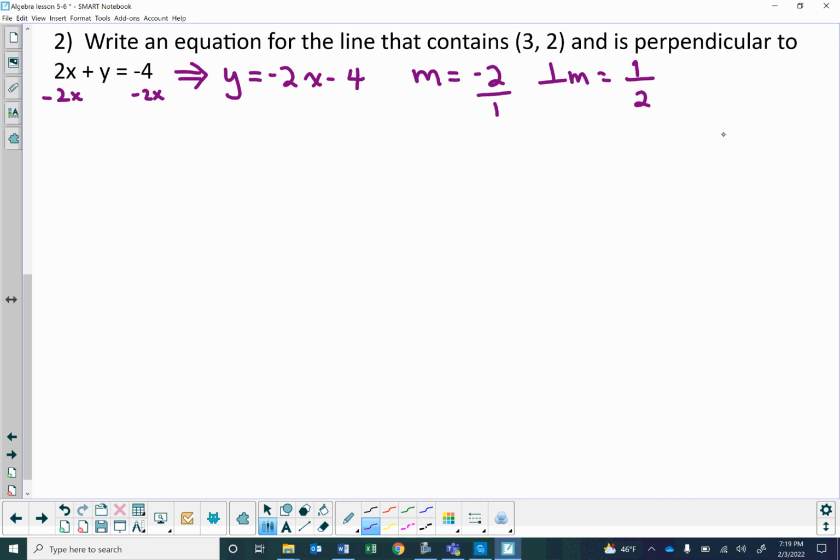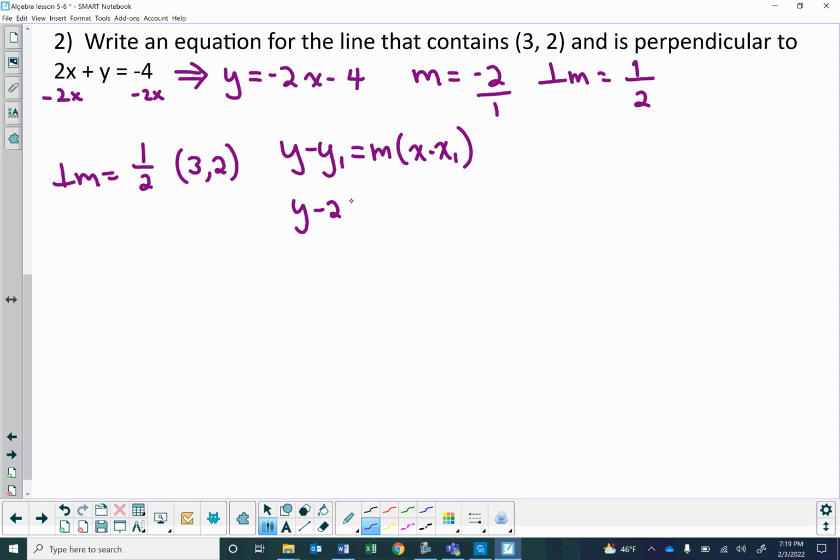So now I'm going to use the slope of 1/2 and the point (3, 2) to write my equation. y - y1 = m(x - x1). y - 2 = 1/2(x - 3). So distribute. y - 2 = 1/2 x - 3/2.